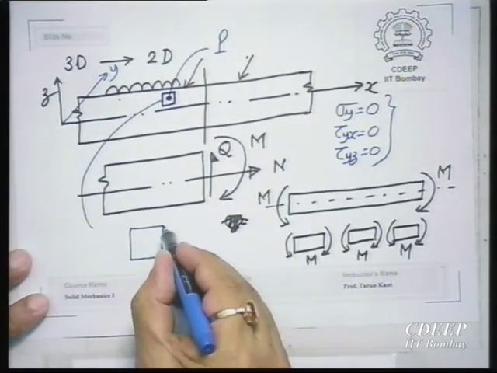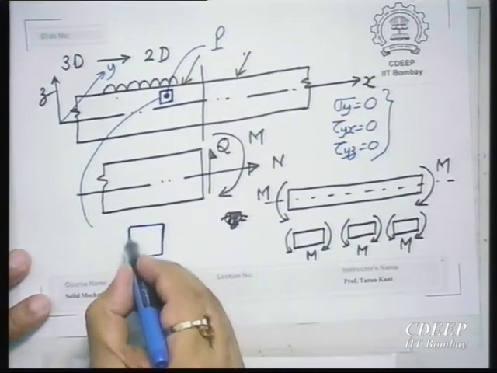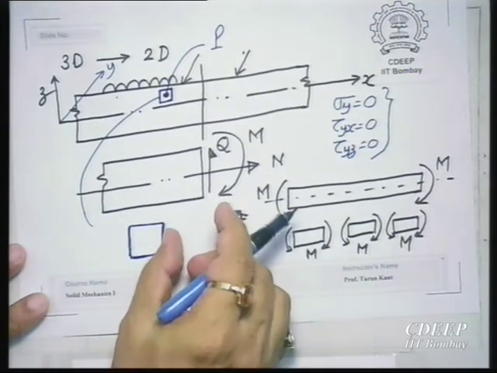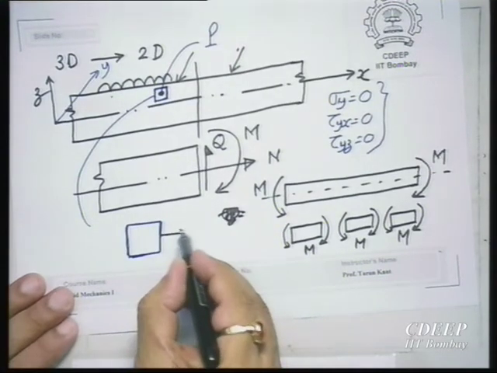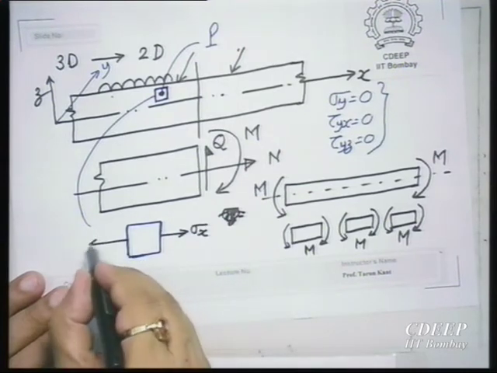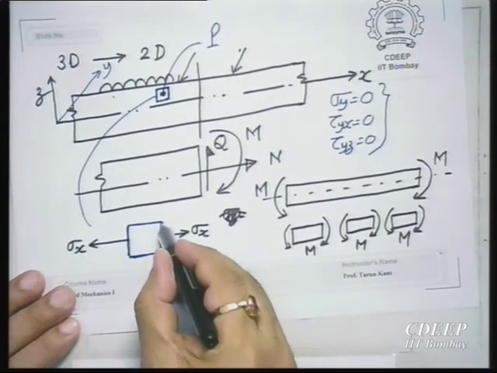So, we are left with, on this element, supposing I take out this element, from this I cut it. So, this is my one face, it is a cut face, this is another cut face, this is another cut face. On this cut face, what is the stress that is acting? Yes, there will be sigma x on this face.